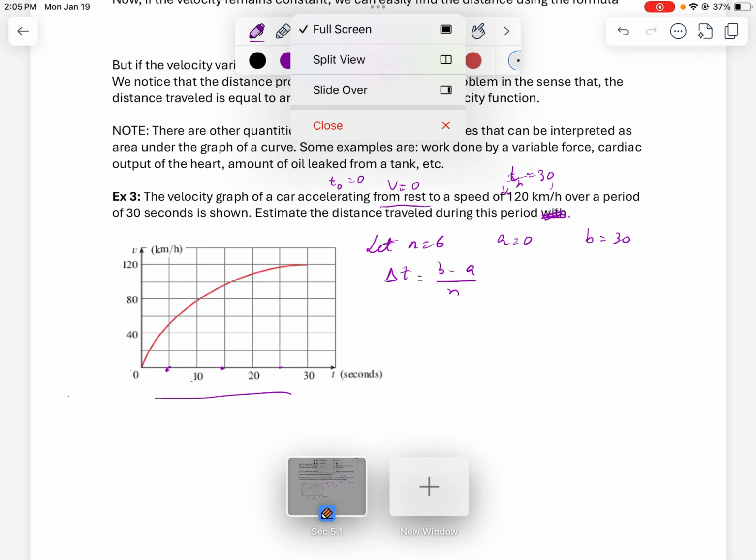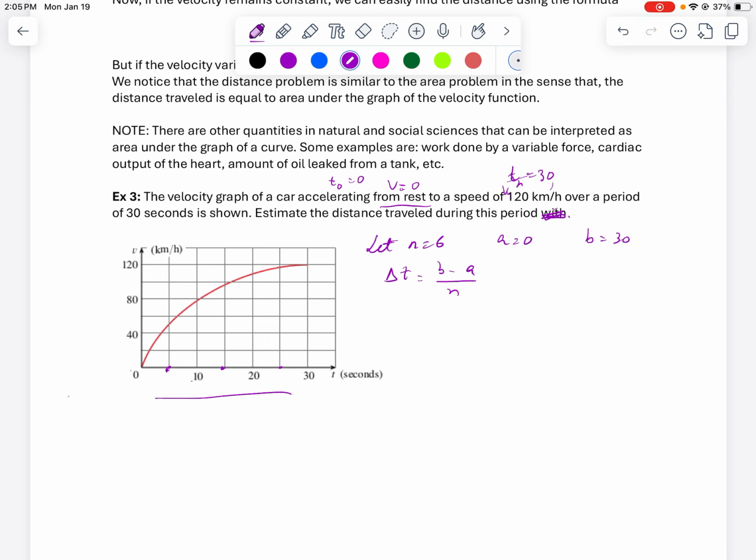But notice here, our v is given in kilometers per hour. So we don't have the same unit. It means for one of the quantities, we have to convert the units so that they match the units of the other quantity.